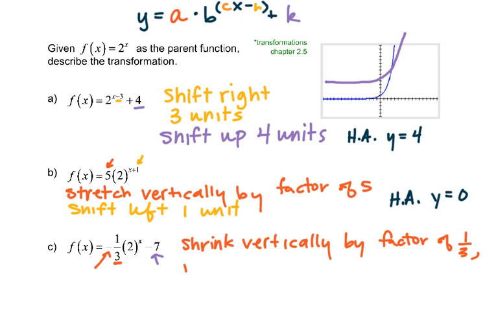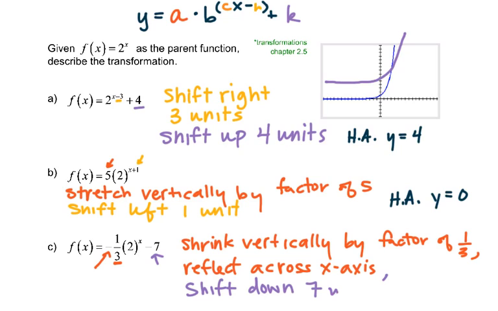The negative causes it to reflect across, and it's a vertical reflection, so that's going to go down across the x-axis. And then we're going to shift down 7 units. So because we are shifting down 7 units, that horizontal asymptote is now at y equals negative 7.